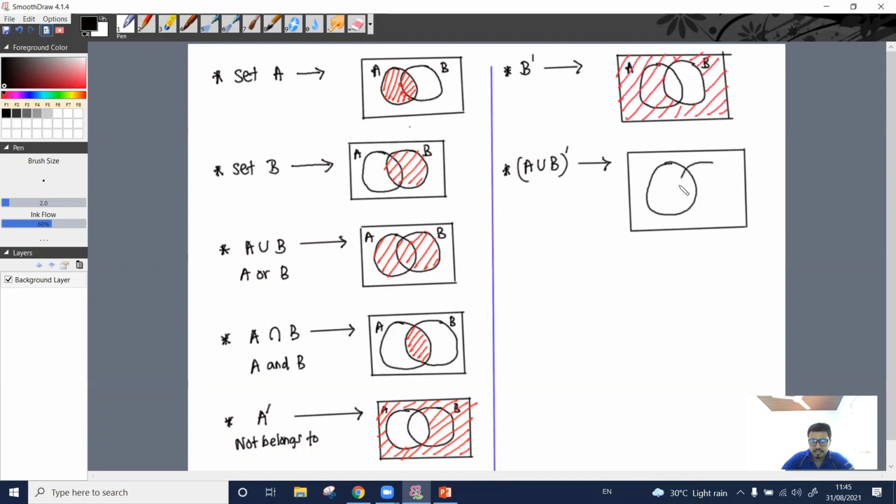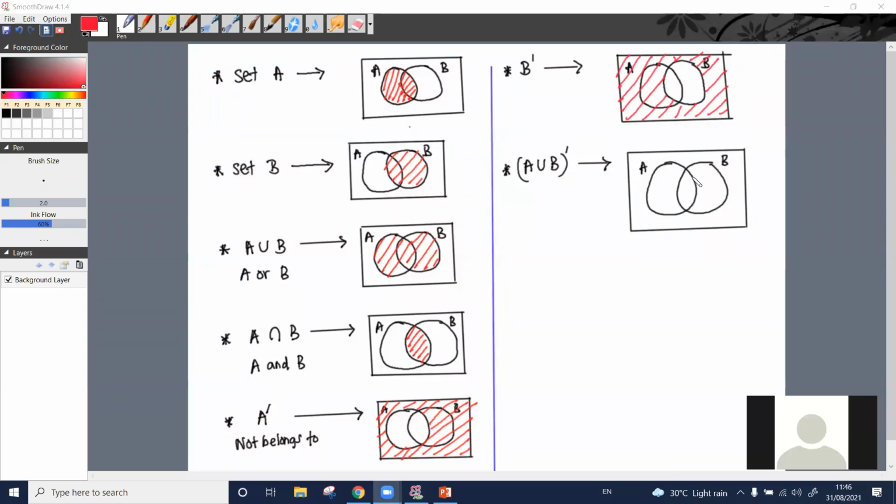This is A, this is B. A union B dash. What do you mean by that? What should be that portion here? Not A or B. Yes. The area that does not belong to A or B.